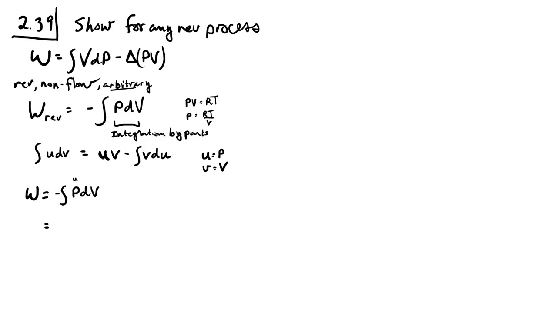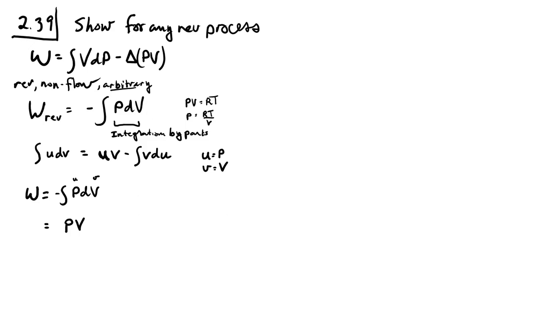So this is U, and this is V. So this will be P times V. Since we're integrating, I haven't put the minus sign; we'll put that in just a minute.